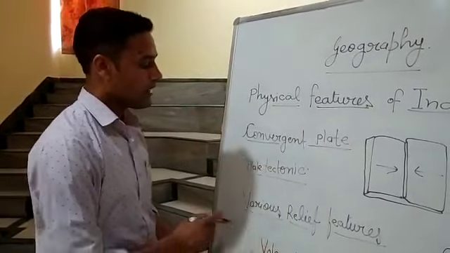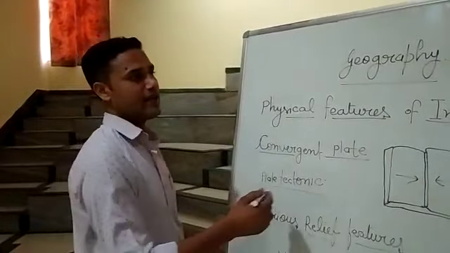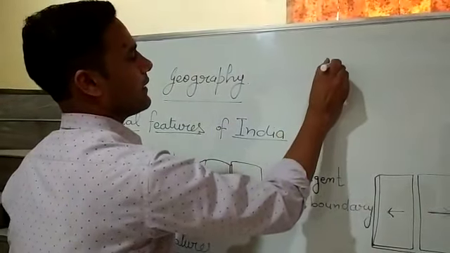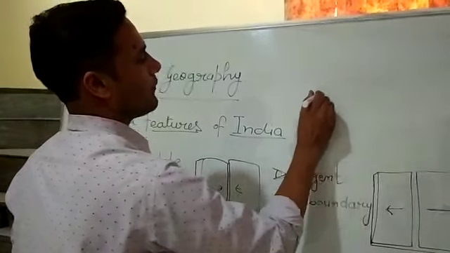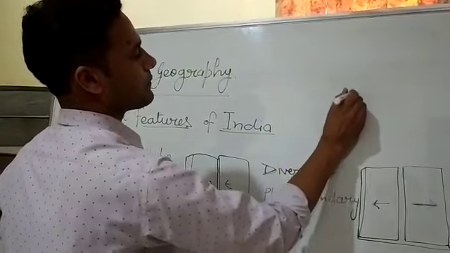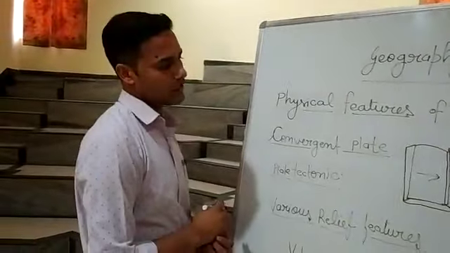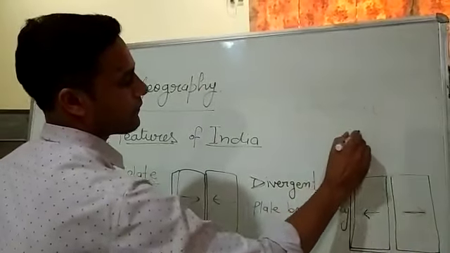Among the various relief features we find on the earth, we have mountains, we have plains, we have plateaus, and we have deserts.